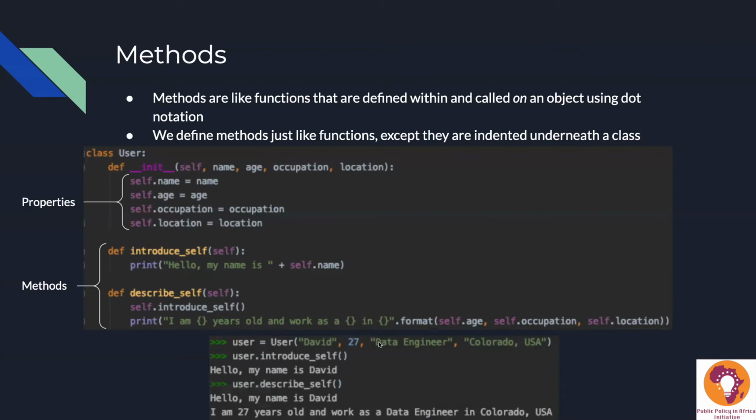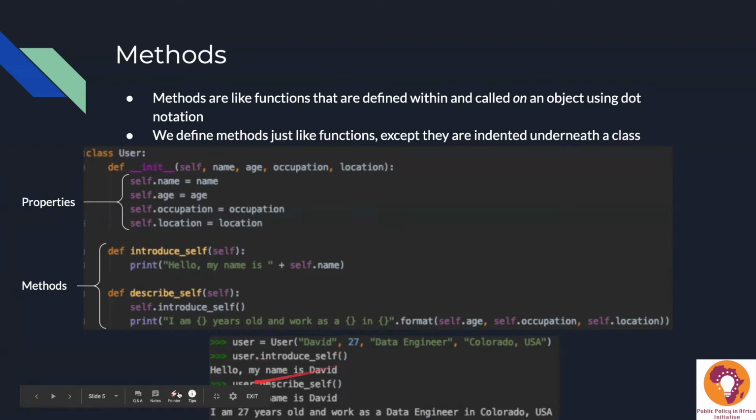So now what I can do is I can invoke the introduce self method on my user object. So I have my user object here, reference the name of the object, and then dot. So I'm calling the introduce self method on my user object using dot notation, and then introduce self.